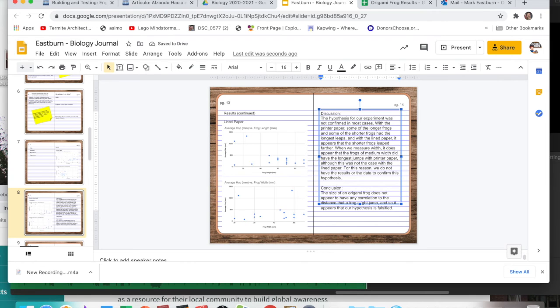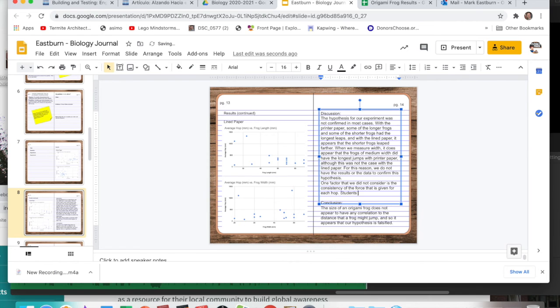All right, now with that, I think we need to say a little bit more in our discussion, because we weren't entirely considering all factors, which you should do in the discussion. So one factor we did not consider is the consistency of the force that is given to the frog for each hop. Everyone was doing this individually.